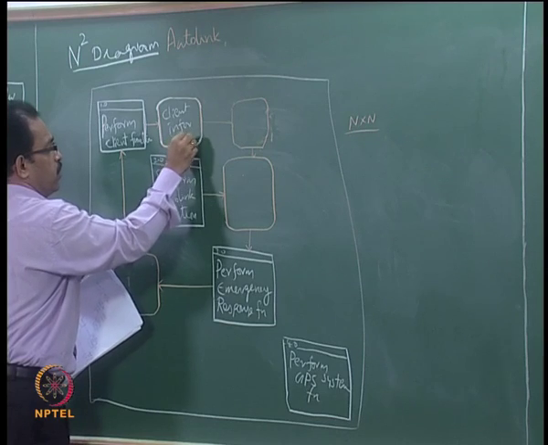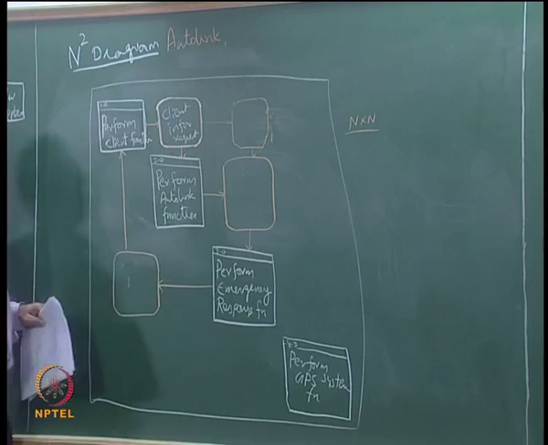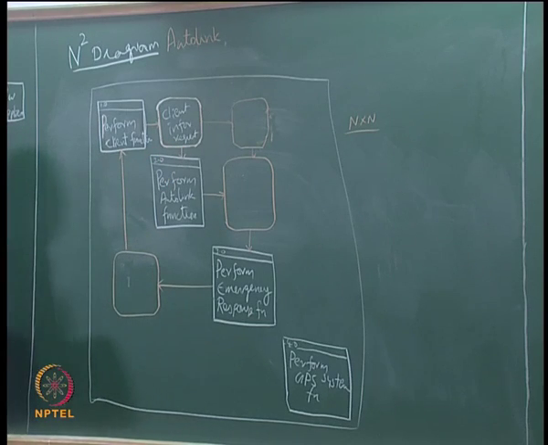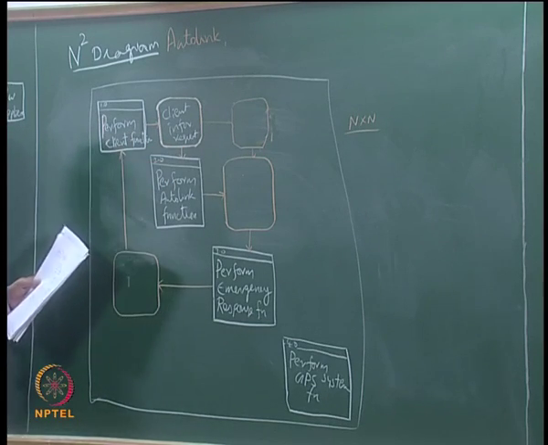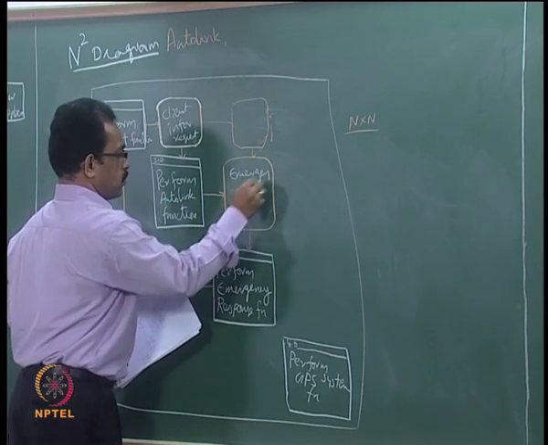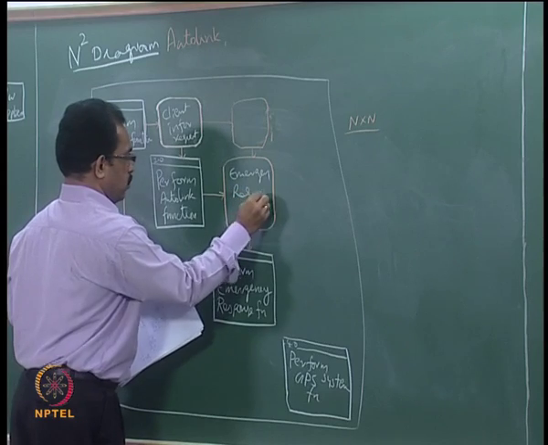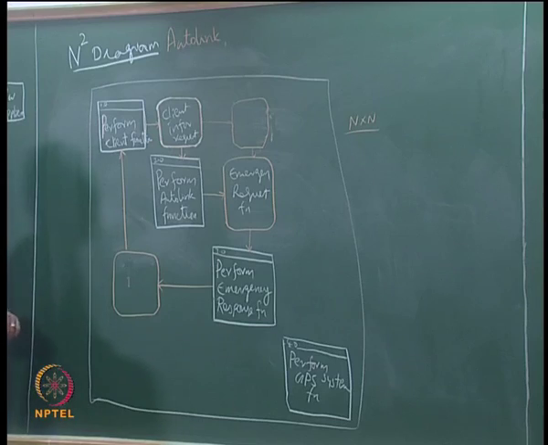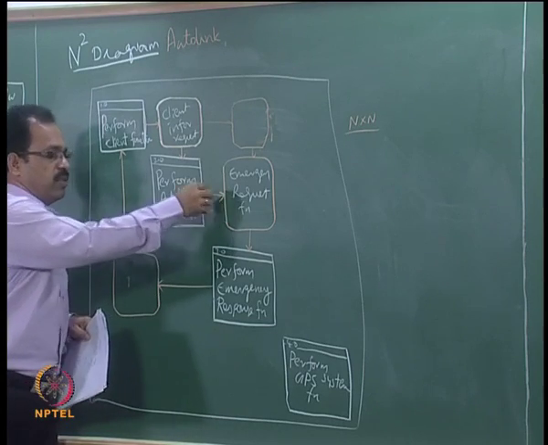Then client info request will be provided by this perform client function, and that will be passed to the auto link function. So this request will be passed here, and then there will be an emergency request function. Basically one of the auto link functions is to provide the emergency services.